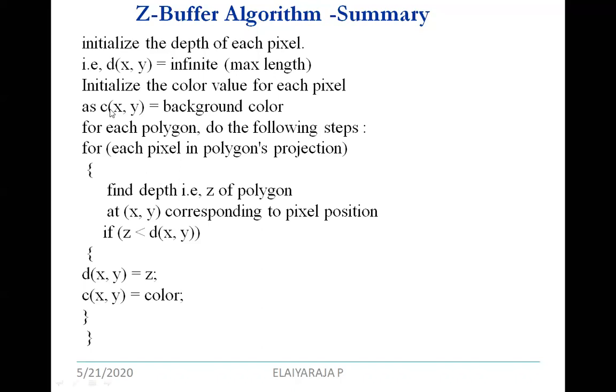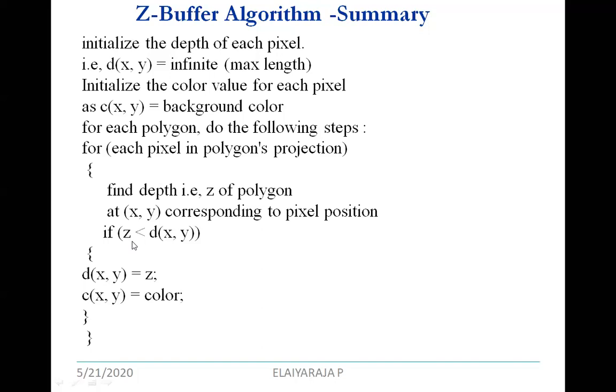For each polygon, do the following steps, which means processing your depth value along with the refresh buffer surface color. For each pixel in the polygon's projection, find the depth value, that is the z value of the polygon at x comma y corresponding to the pixel position. If z is less than the depth value, I think that is a little wrong here.